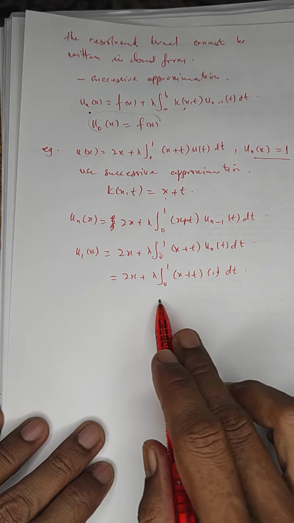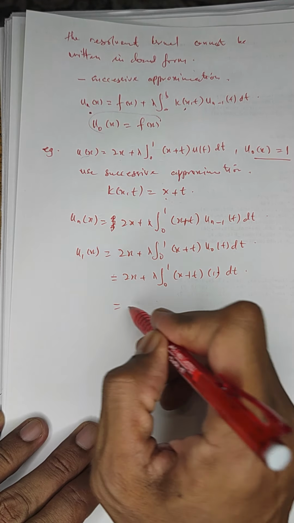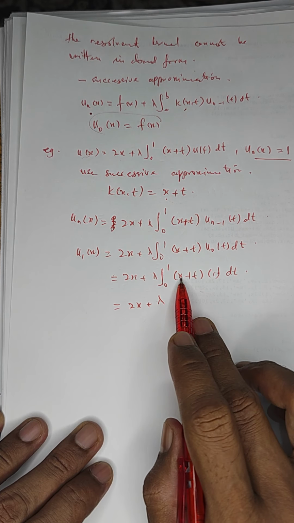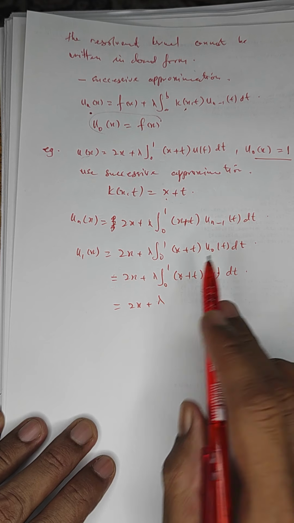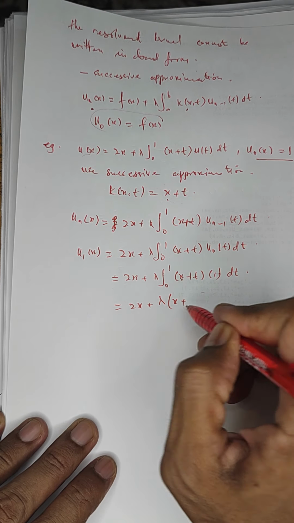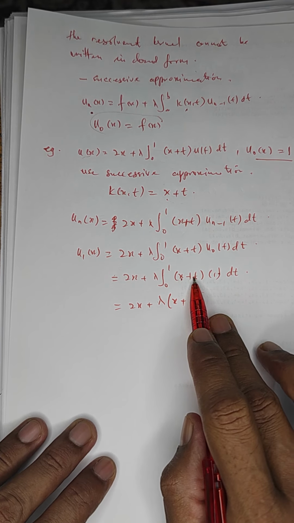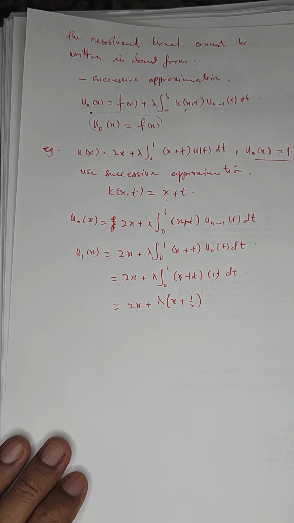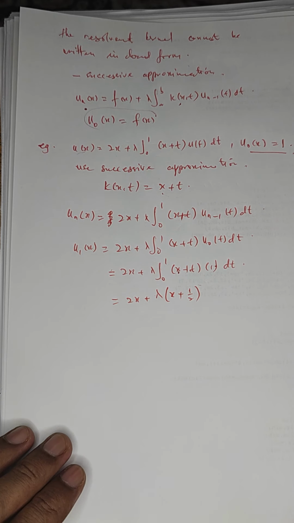It is not difficult, of course. This is 2x plus lambda, we have xt, so you get x there, plus t squared over 2, so we have 1 over 2. Okay, so that's the first approximation.